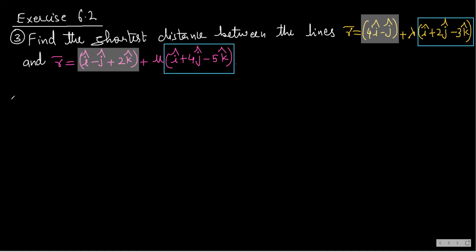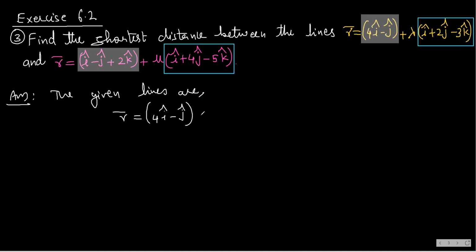So I will write the solution as, the given lines are r bar equals 4i cap minus j cap plus lambda times i cap plus 2j cap minus 3k cap.